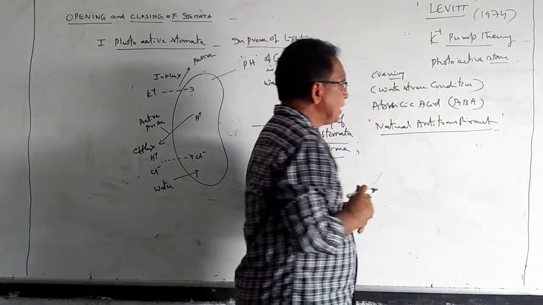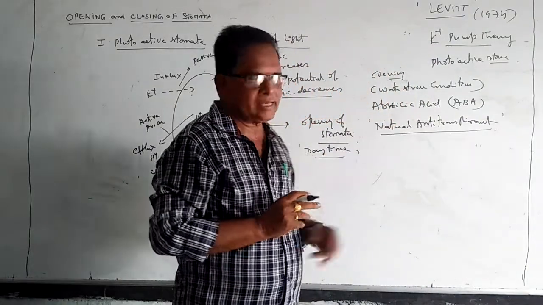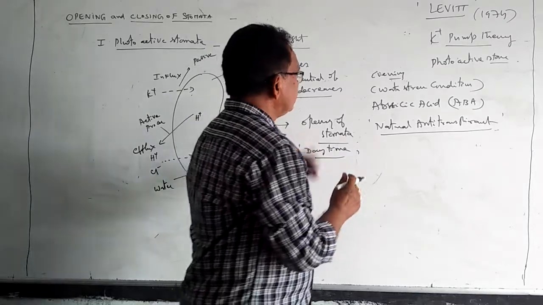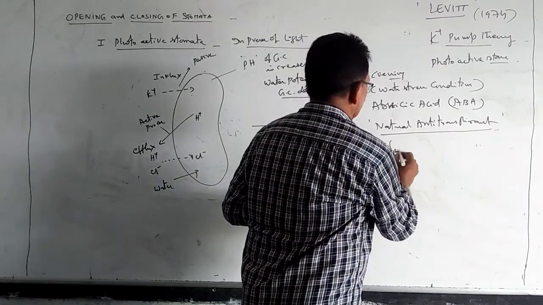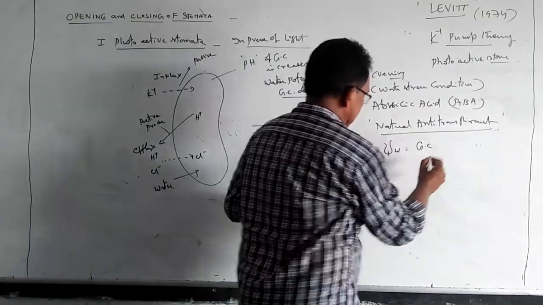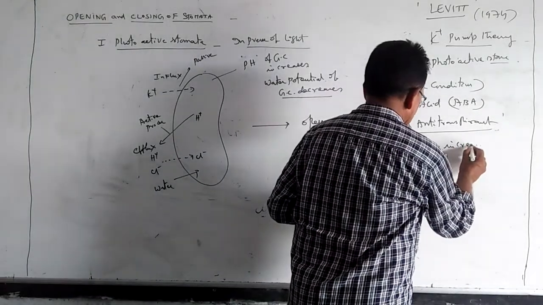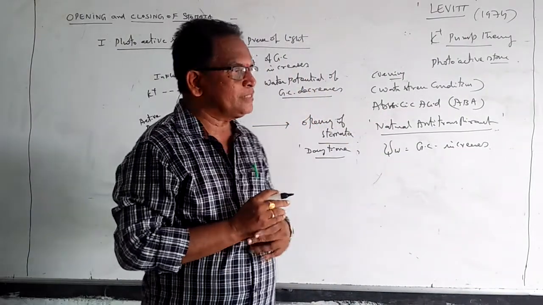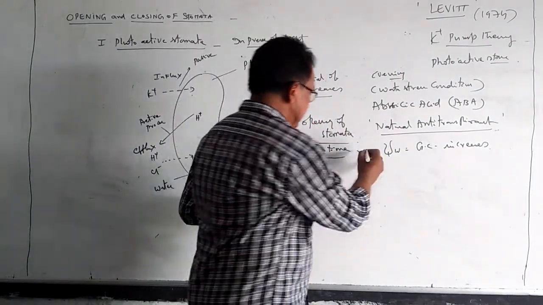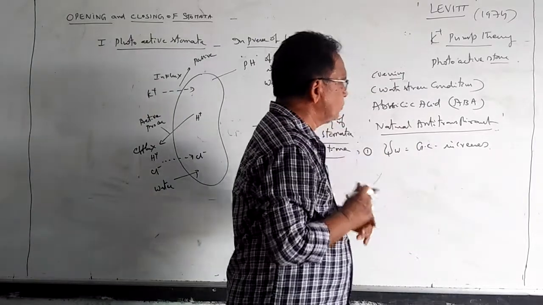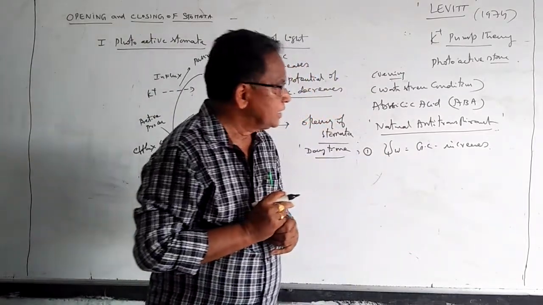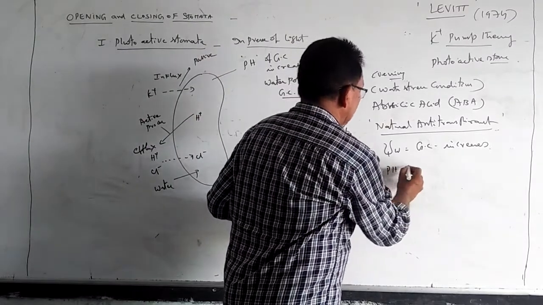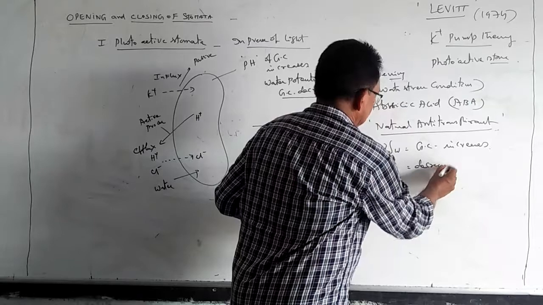It occurs in the plants, and in the presence of this ABA, some changes will occur. The first change is that the water potential value inside the guard cell increases, and the second change is that the pH of the guard cell decreases.